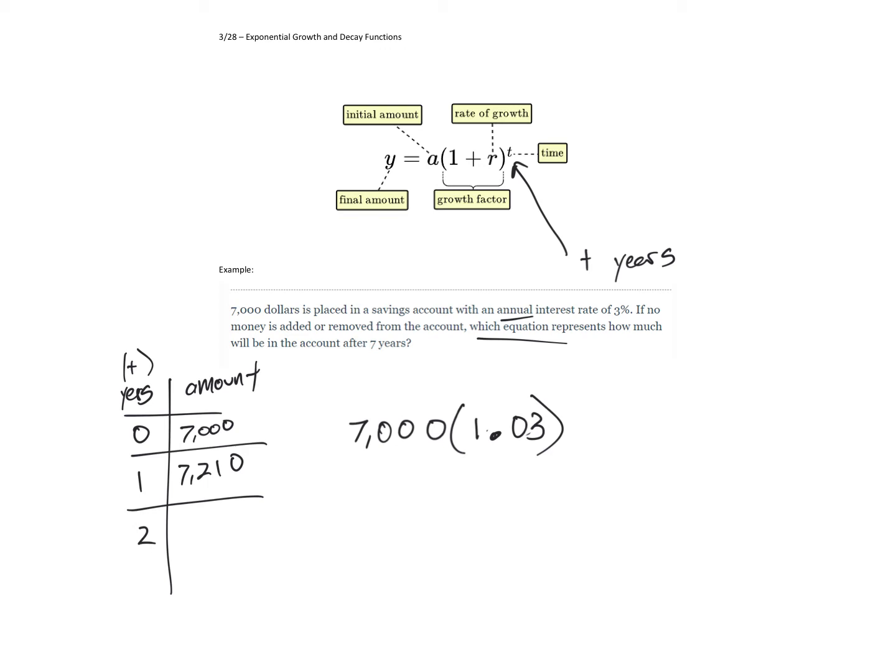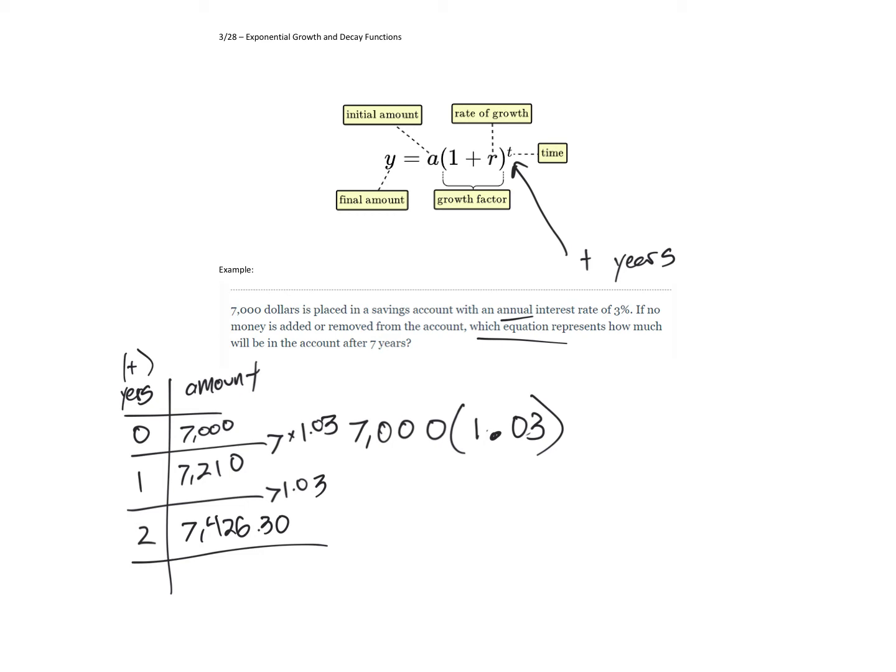So you multiply again by, every year you're just multiplying by 1.03, right? 3% increase. That gives $7,426.30.